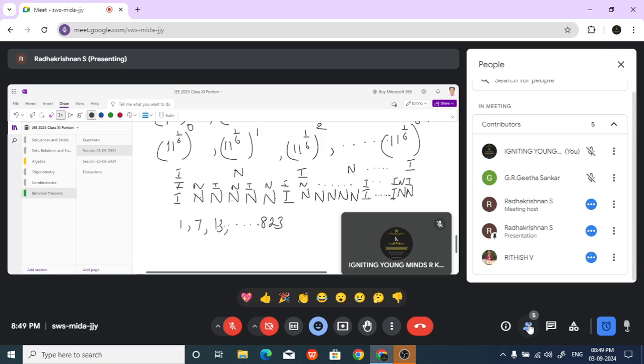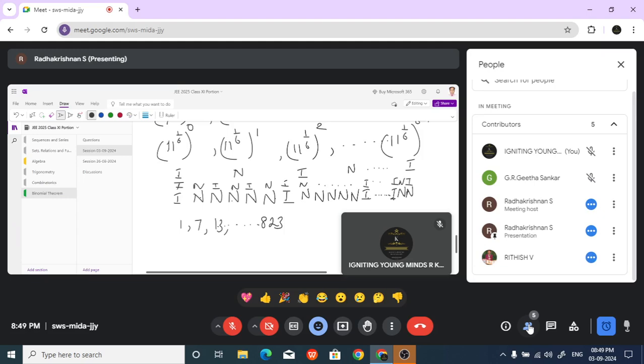Sir, one doubt, sir. To find the arithmetic progression, is the difference 6 or 7? How do you find the difference? Sir, the difference is between the second and first term, third and second term, fourth and third term, but the first term starts from 1. Sir, I think the first term will start from 0 only.